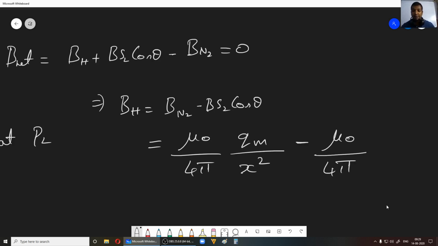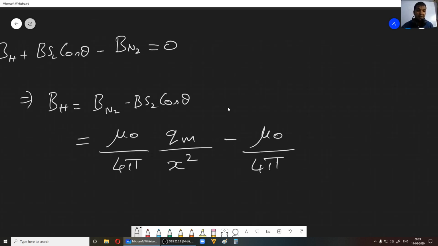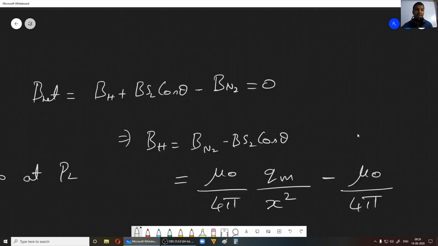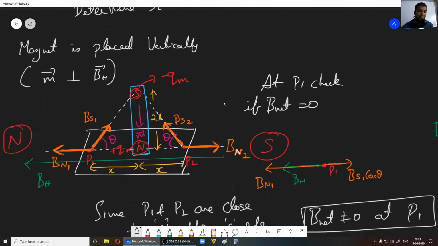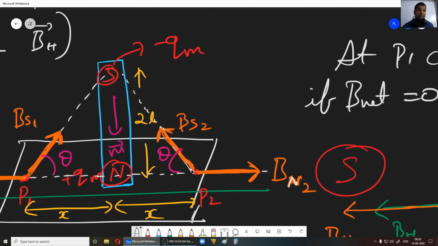Now see, you have to consider the direction. We have decided on the direction already, so again there is no need to substitute minus qm. See, directions have been decided here, right? So Bs2 is this way. So Bs2 cos theta is on the left, right? So this Bs2 is due to the south pole, correct?